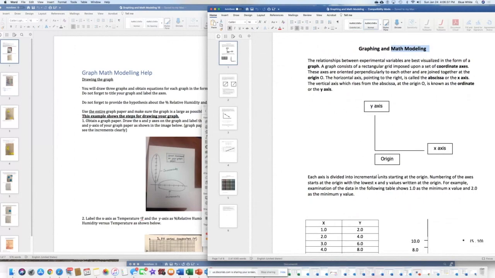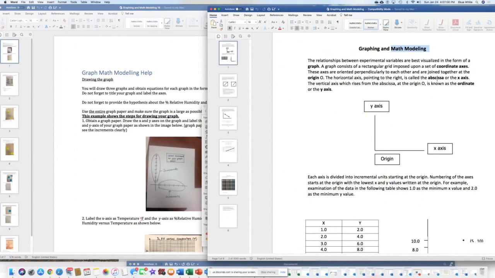With every graph, you're going to have two axes, the y-axis and the x-axis. The y-axis is vertical, a straight line going from up to down. The x-axis is horizontal, a straight line going from left to right. And they meet in the place called the origin. When you read this, it tells you all that.